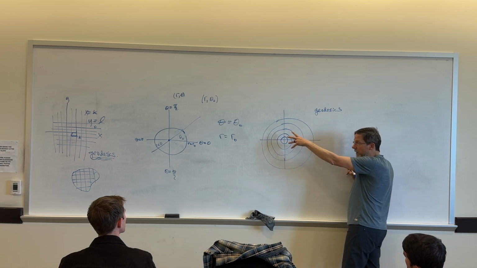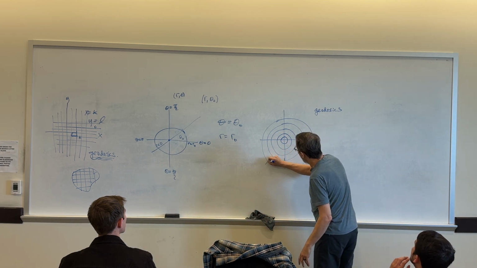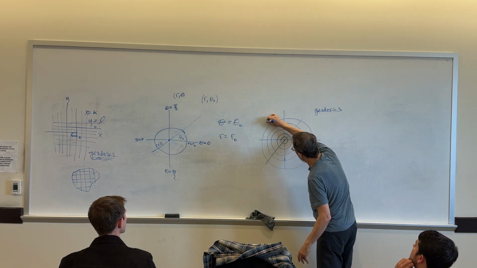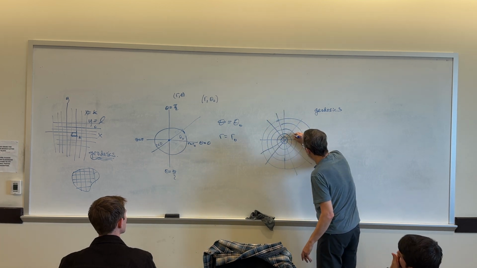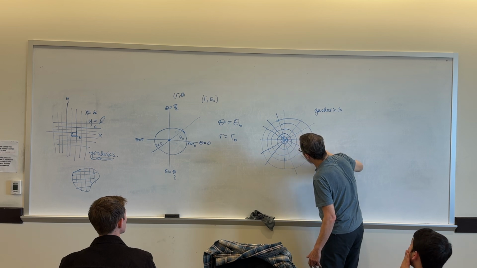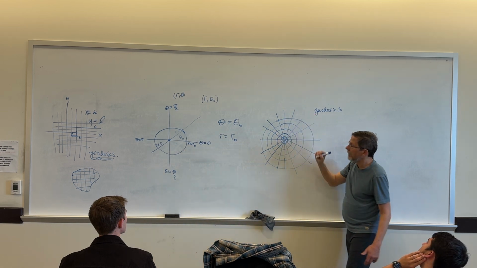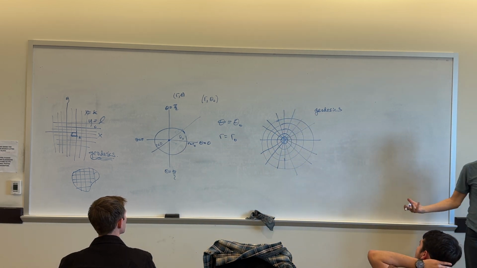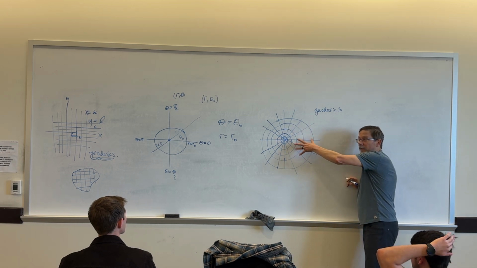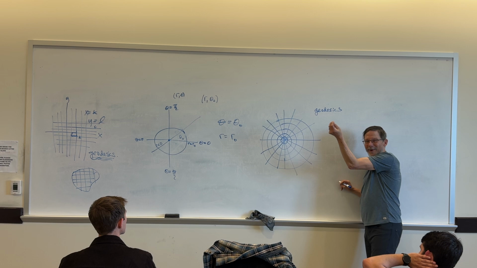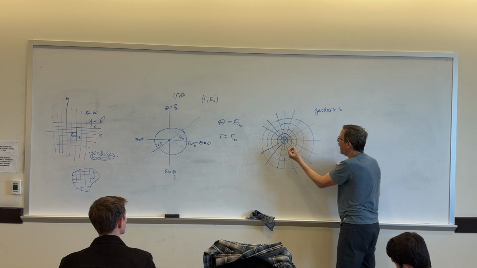There are infinitely many, but this is a representative. Then I've got all these spokes which represent where theta is constant. So the geodesics in this coordinate system look kind of like a bullseye or a dartboard.